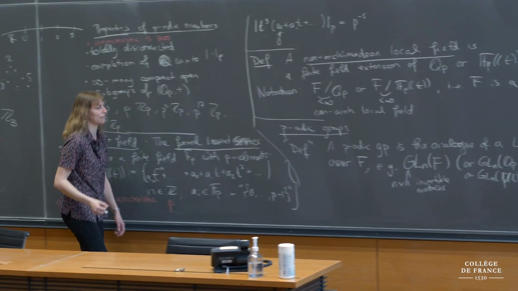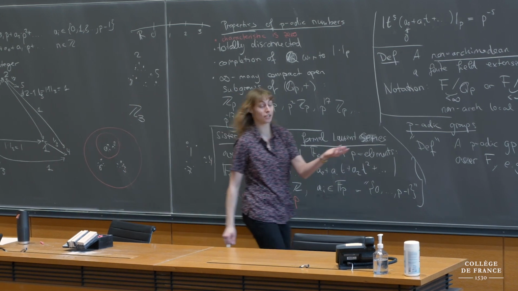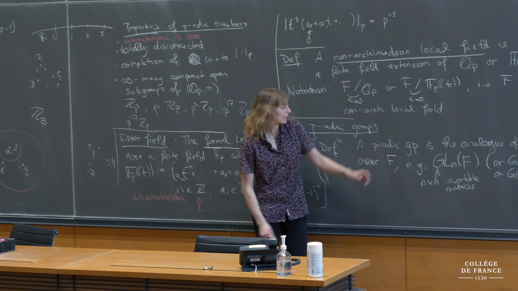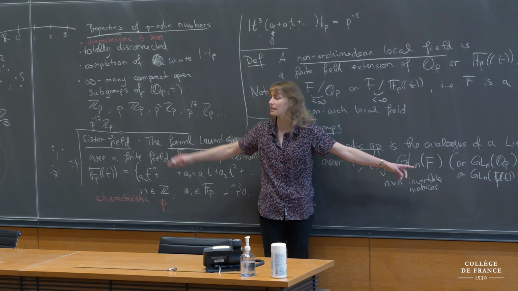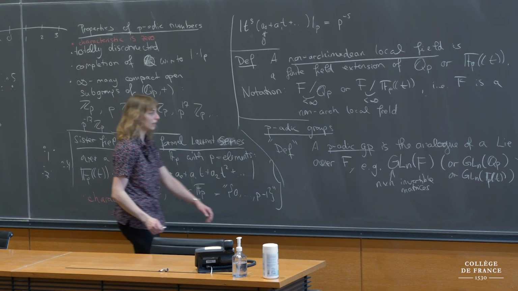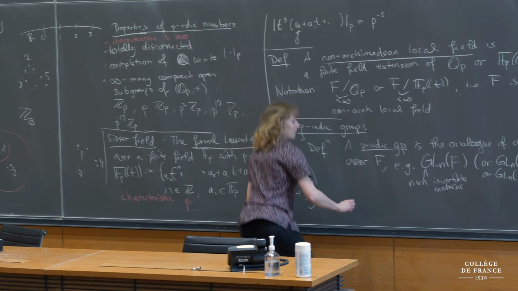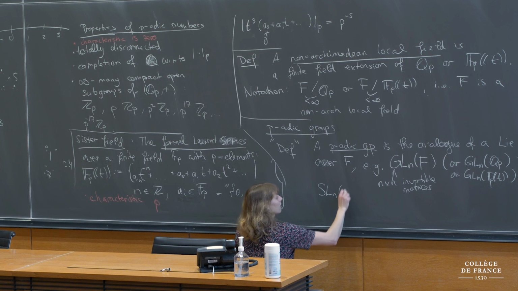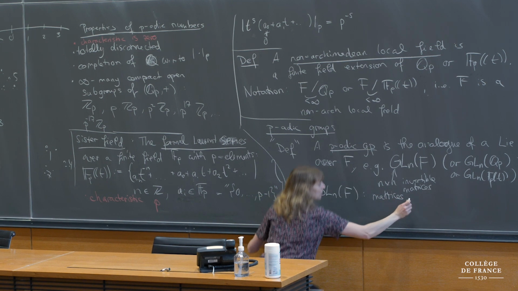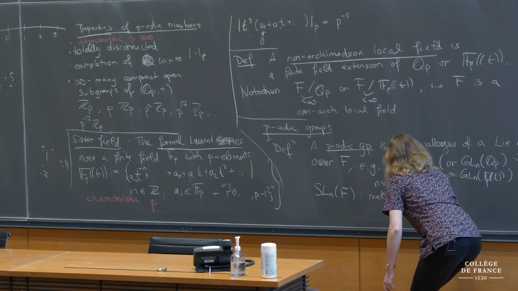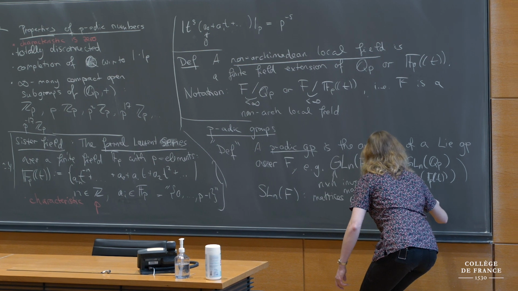For real Lie groups you would take n by n matrices over the real numbers, but for p-adic groups you take n by n matrices over one of these fields that I've introduced. So that's one standard example to keep in mind. Another example would be SL_n. These are the matrices of determinant 1, so that's a subgroup of GL_n.